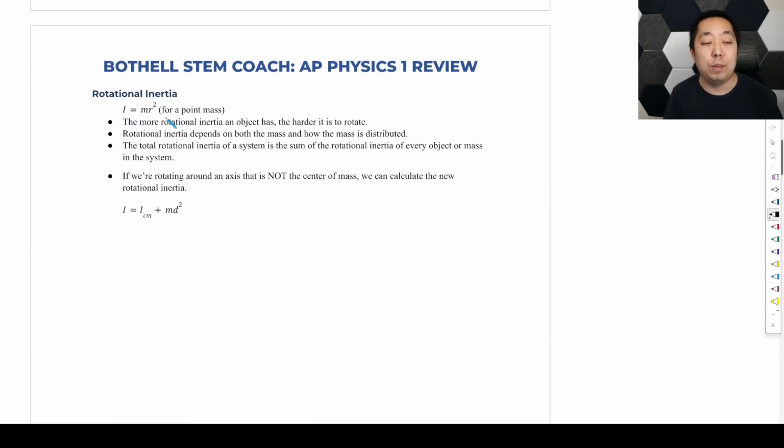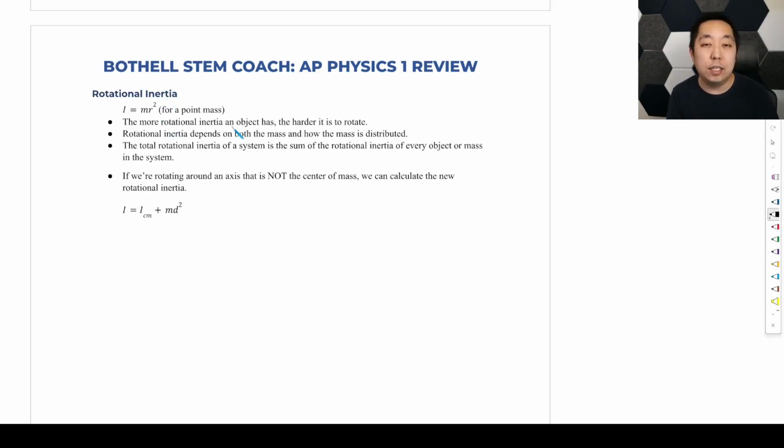Okay, but if we're doing dynamics, we have to know something about the rotational inertia. Rotational inertia for a point mass is I equals mr squared. That's the mass. It's a scalar quantity. It's analogous to mass in linear motion, but a couple of things. One, it's based on the mass, and the r squared, r being the distance from the axis of rotation to where the mass is located.